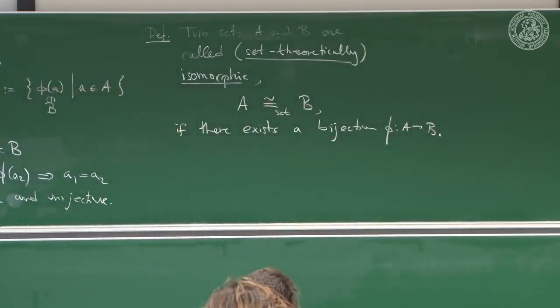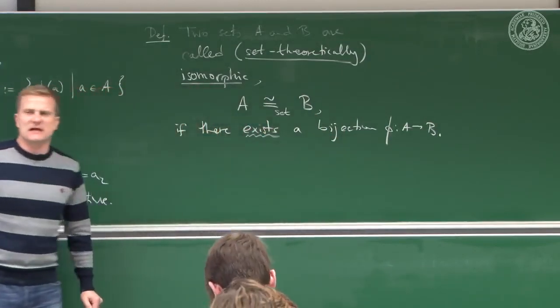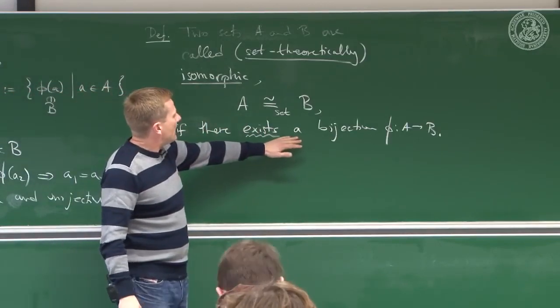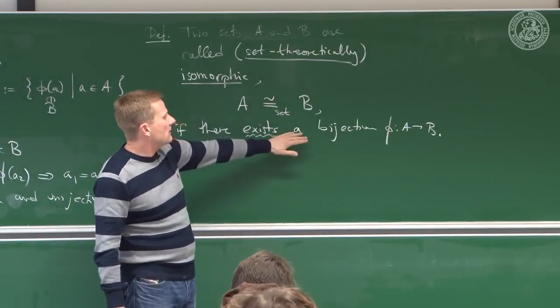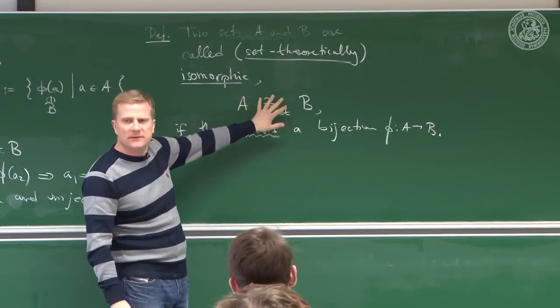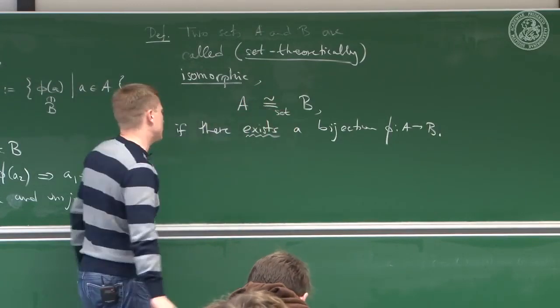Now you see, we just require the existence of some bijection. And by not asking for a particular bijection, how would we? Actually, this becomes a property of the two sets. They are such that there is such a bijection.